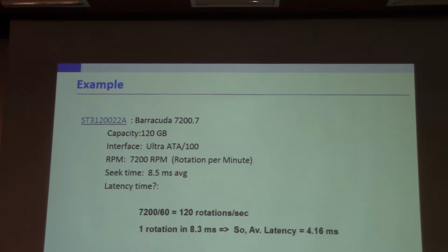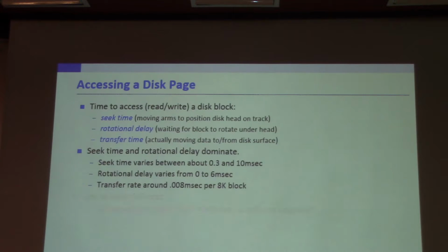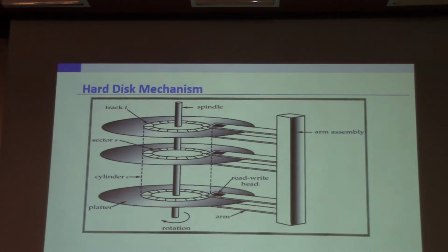Of course, there is a catch though, which is if you're reading a lot of pages, let's say 10,000 pages, which happens when you try to do a sequential read of a large file. You follow me? When you finish reading all pages from one track, you move to the next track from the same cylinder.